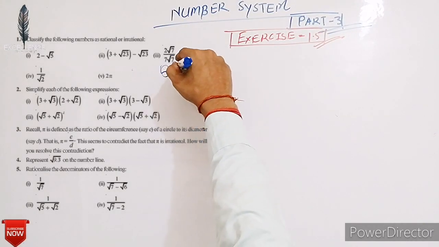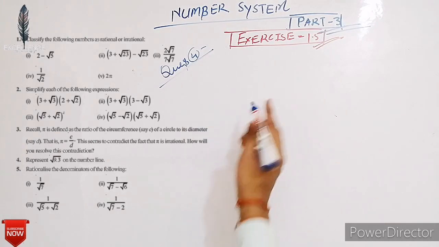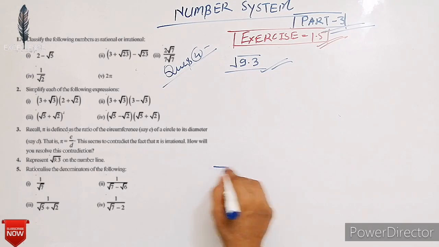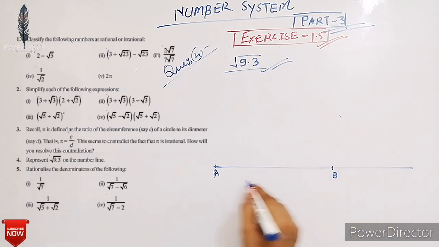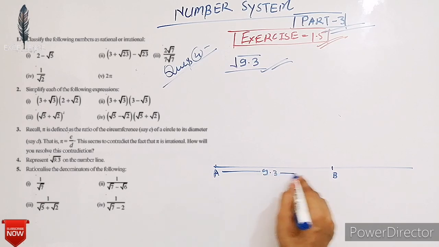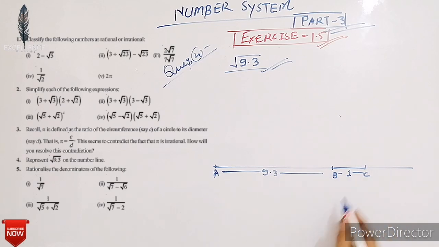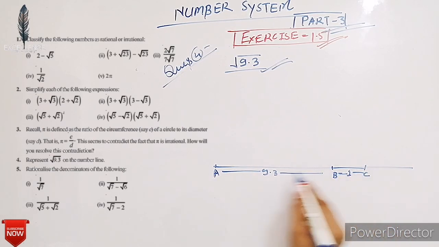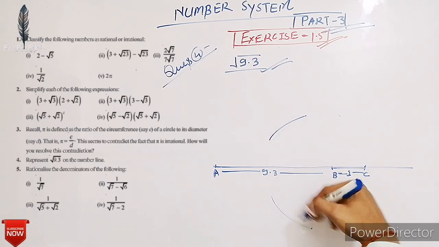Now question number 4. Represent under root 9.3 on the number line. First of all, mark the distance 9.3 units from a fixed point A on a line to obtain point B such that AB is equal to 9.3 units. From B, mark a distance of 1 unit and call the new point C. Now find the midpoint of AC.